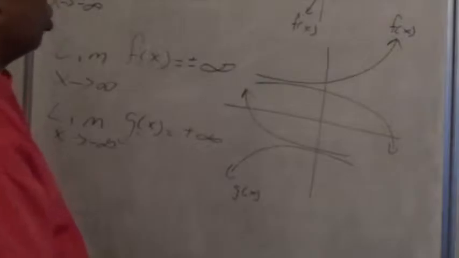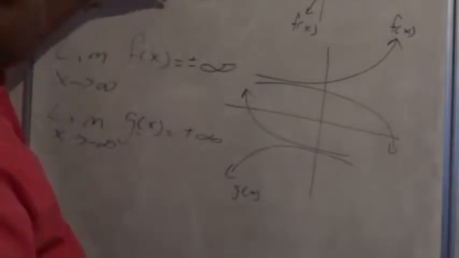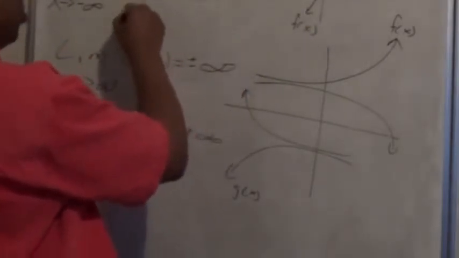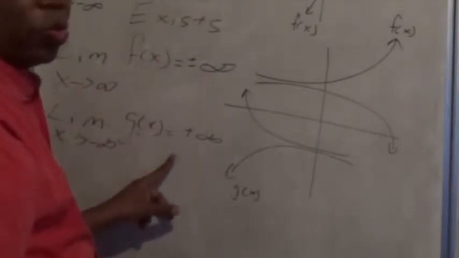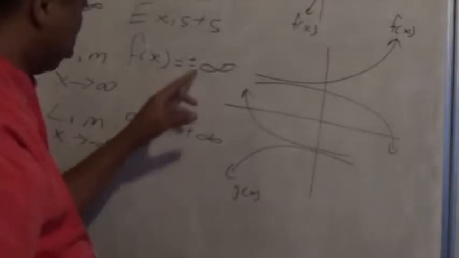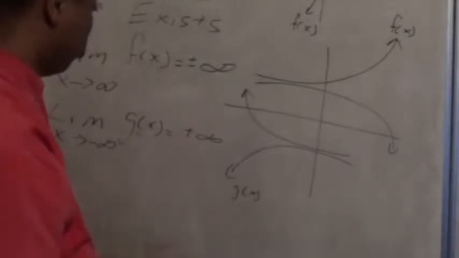So we would say that these limits, these horizontal asymptotes, exist. For the others, we say that as a result they're going to positive or negative infinity. Here they're unbounded. The limits are unbounded.